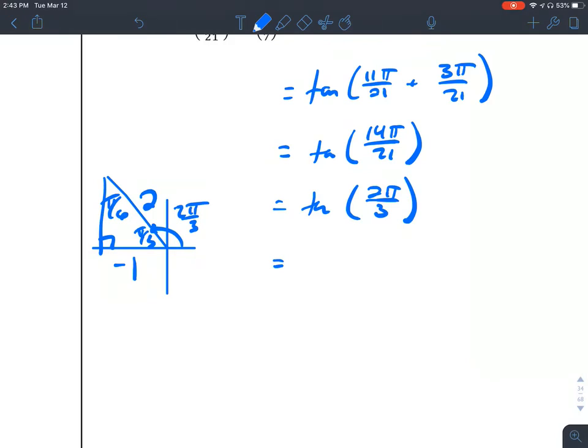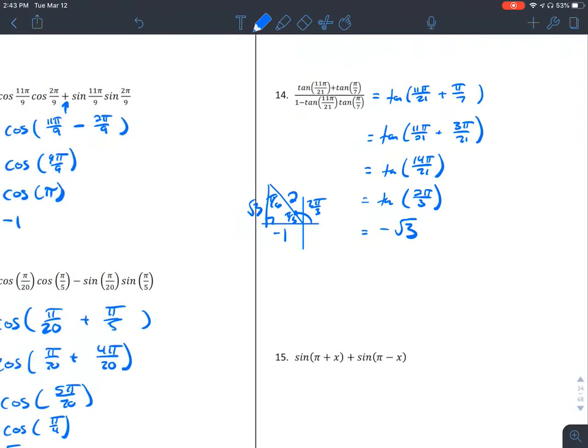And opposite of the pi over 3, which is opposite 60, which is the long leg, is going to be square root of 3. Tangent is y over x. That's square root of 3 over negative 1, which is negative square root of 3. You can also do this the long way using the unit circle with a radius of 1. You're going to get a complex fraction that reduces down to this.